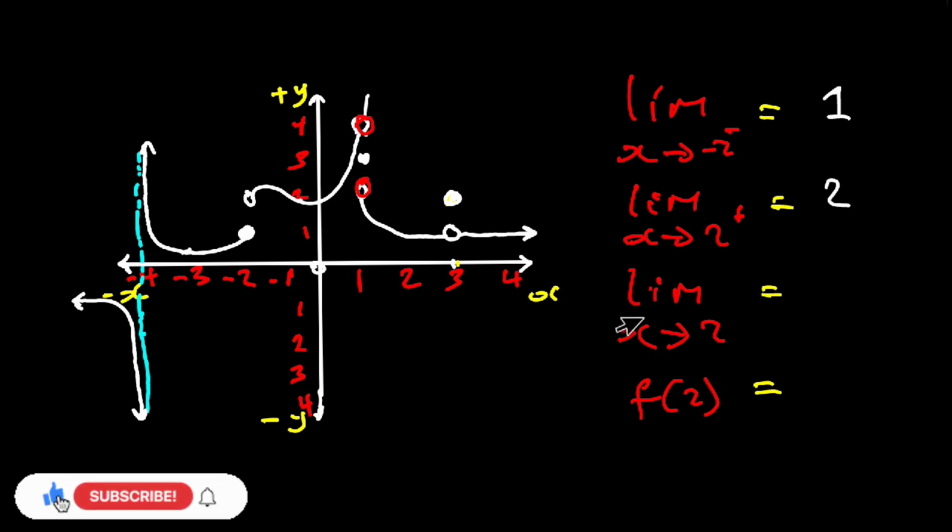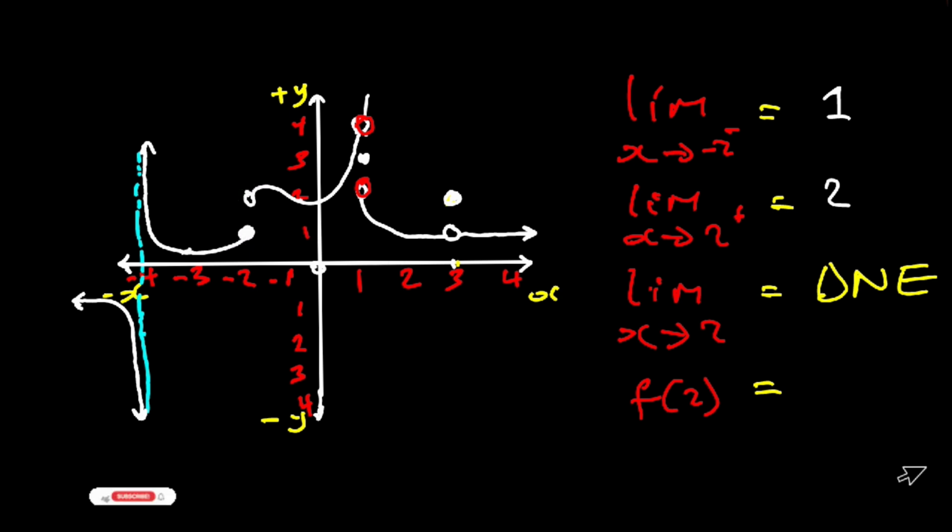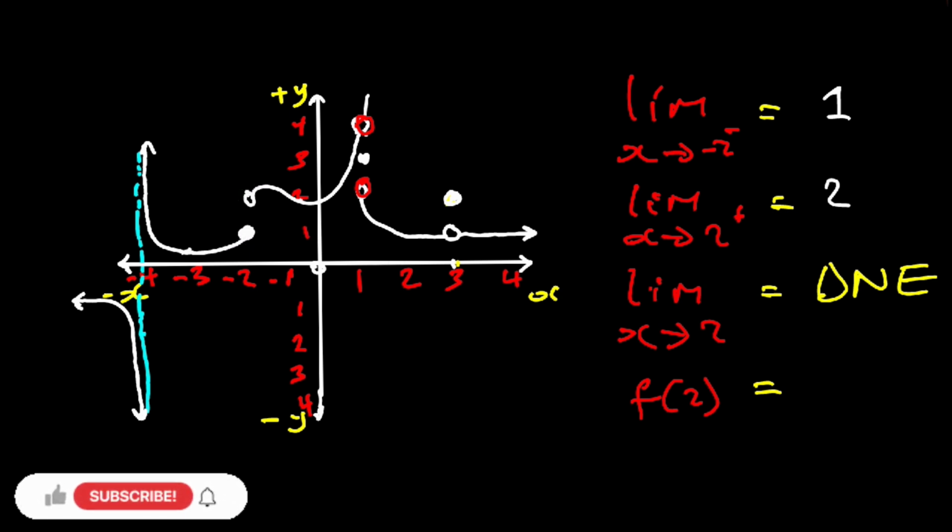Then what is the limit as x approaches 2? Since these two values are not the same, then the limit does not exist, because this is a jump discontinuity. Basically, when you have jump discontinuity, just have in mind that the limit will not exist. But for a hole, which is a removable discontinuity, the limit does exist.